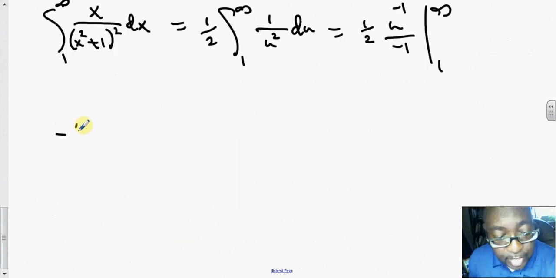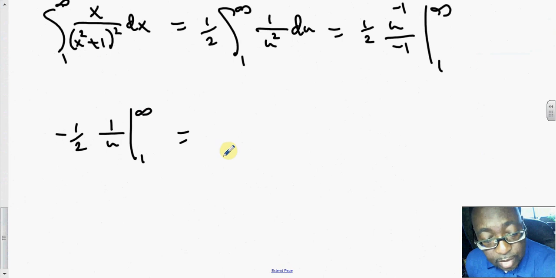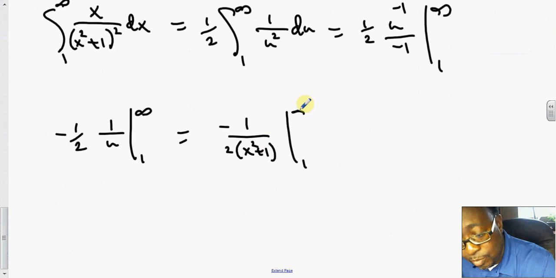So this is -1/2 times 1 over u, evaluated from 1 to infinity. This is -1 over 2 times, u was x squared plus 1, evaluated from 1 to infinity.